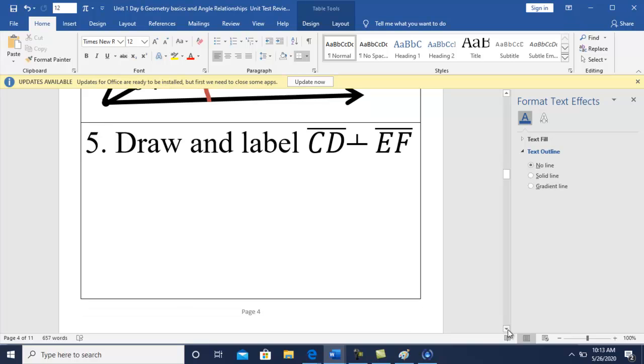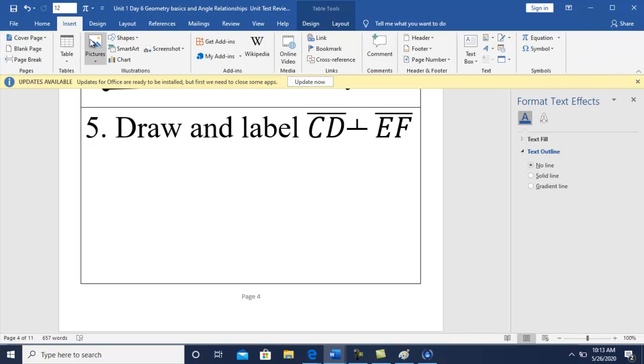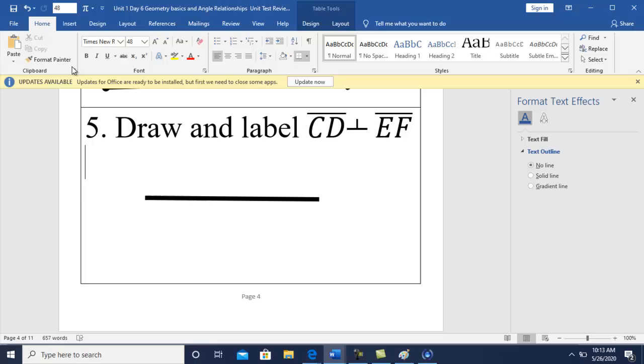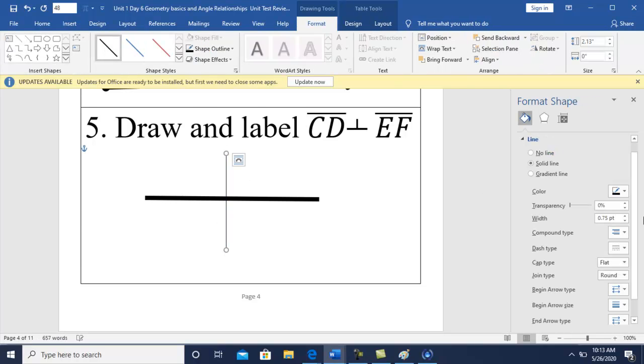Okay, number 5, we're going to draw and label 2 line segments that are perpendicular to each other. So we're going to insert the first line segment. Okay, and then we're going to insert another one. Now when they intersect each other, they're going to form a right angle.